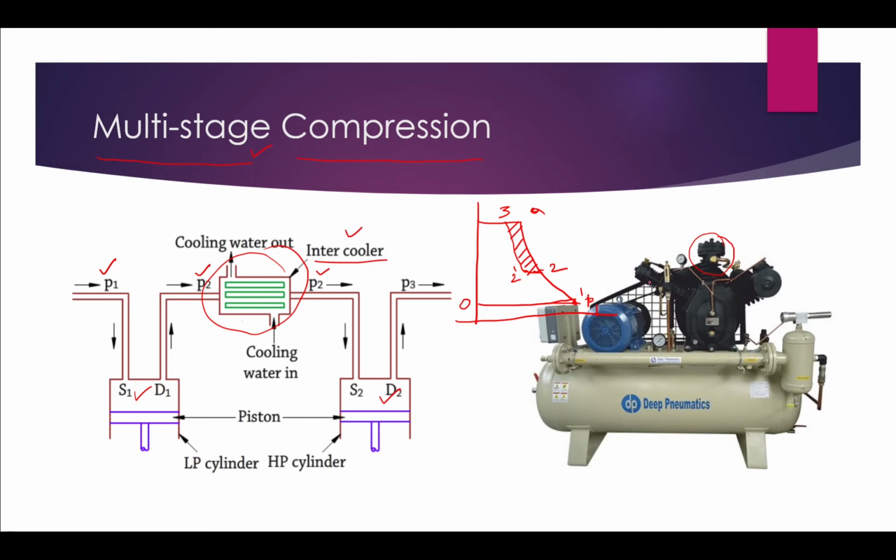If you observe that the size of one cylinder is less than the size of the other cylinder, this is because the volume is reduced in first stage. Say suppose if it is 1 meter cube volume, after compression it will become say 0.3 meter cube. So that much volume is required for the second stage.